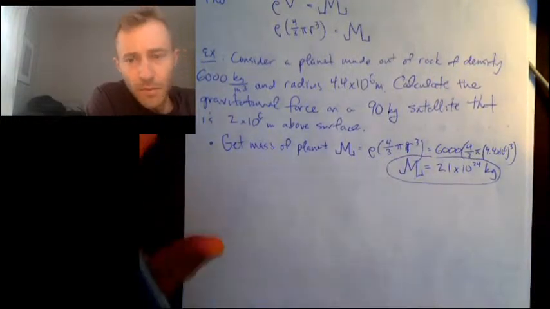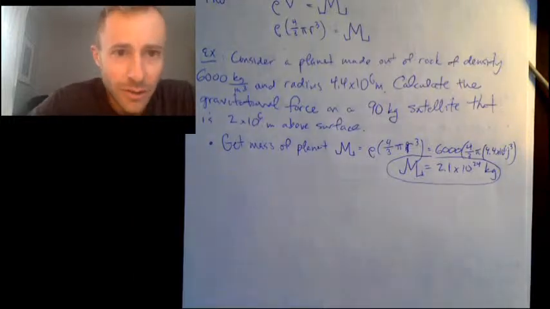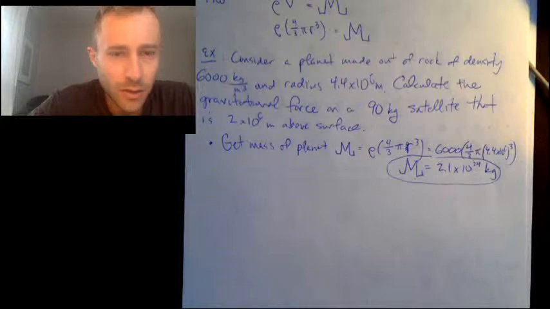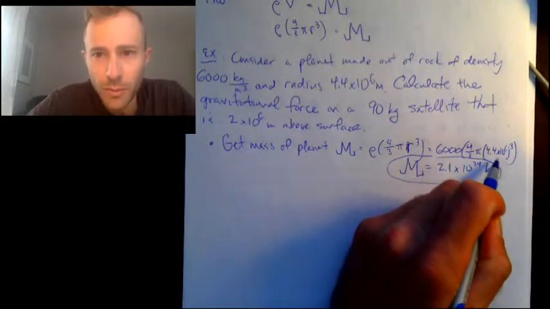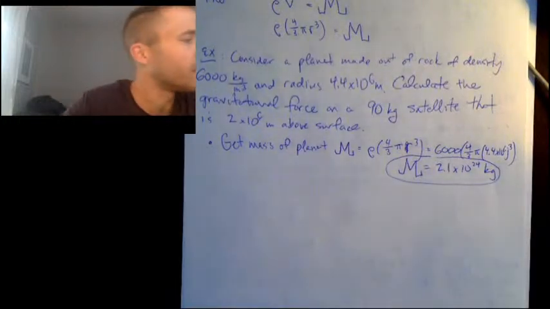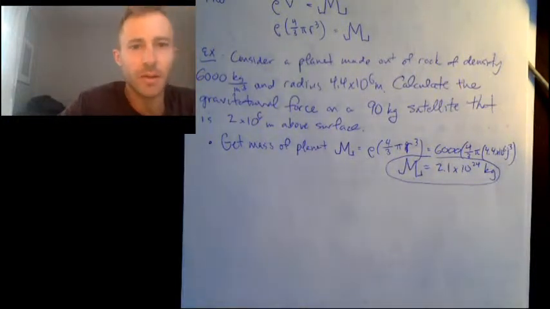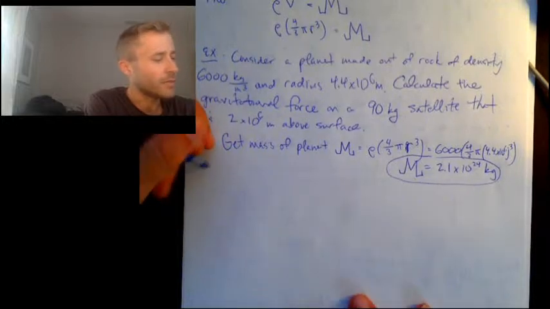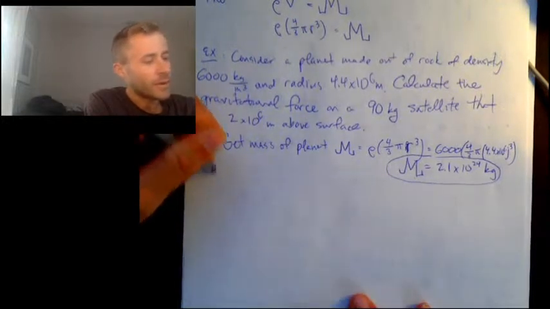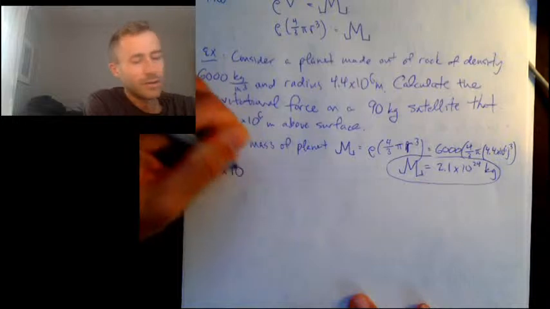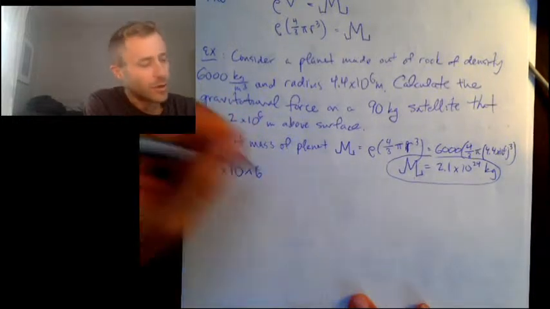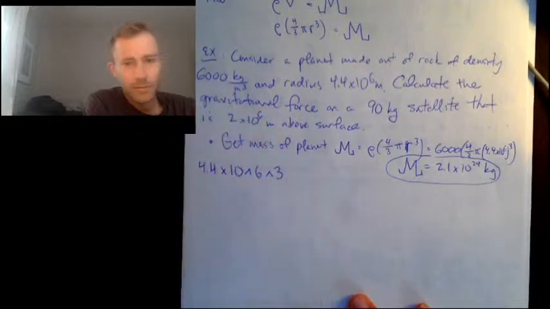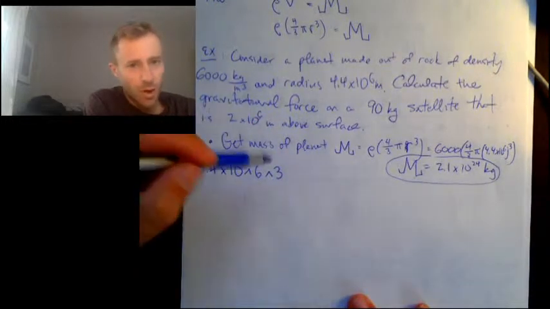Okay. Now I want to teach you how to use your calculator because scientific notation numbers on your calculator can be tricky. All right. So in particular, what if you wanted to cube 4.4 times 10 to the 6th? Okay. Some of you might be tempted to type this into the calculator. You would say, okay, 4.4 times 10 caret 6. That's a number, you say, okay, cube it. This is wrong.